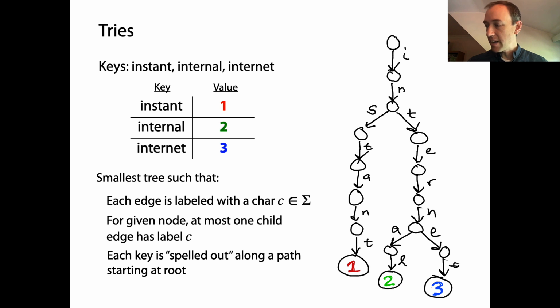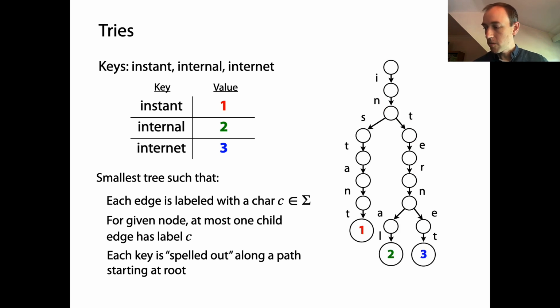If we went to add internal by making a new path over here and labeling that I, right, then that would have violated this second constraint that says for a given node, at most one child can be labeled with a character. And each key is spelled out along some path starting at the root. That's true. There's instant, there's internal, and there's internet. Okay. So there's our trie. There it is, printed a little bit more nicely.